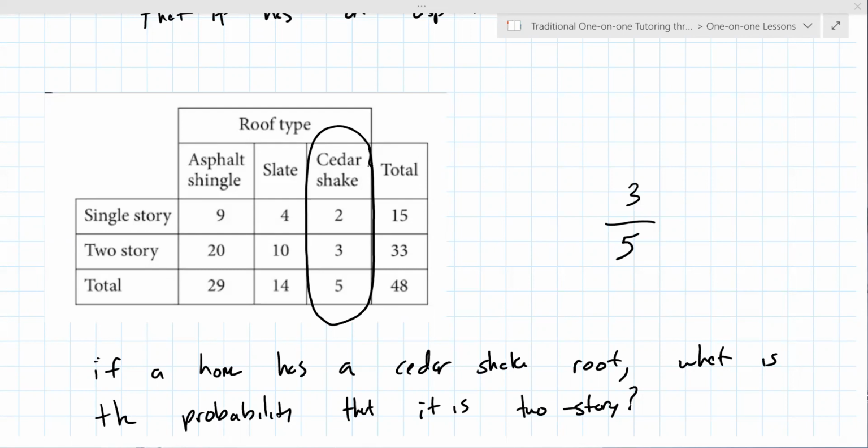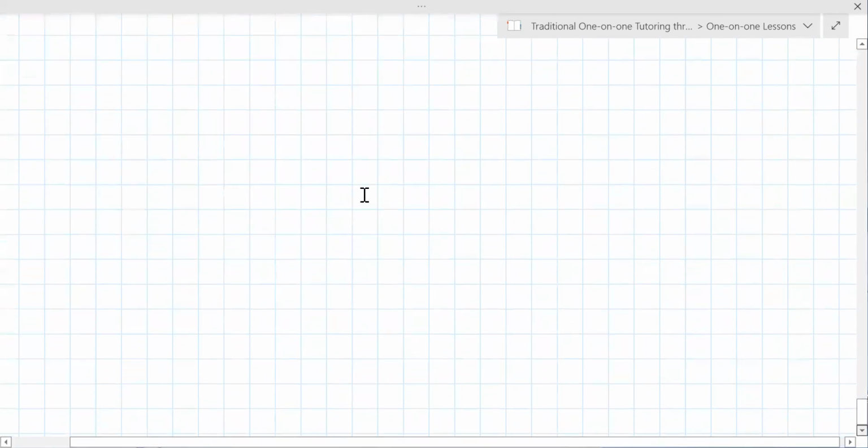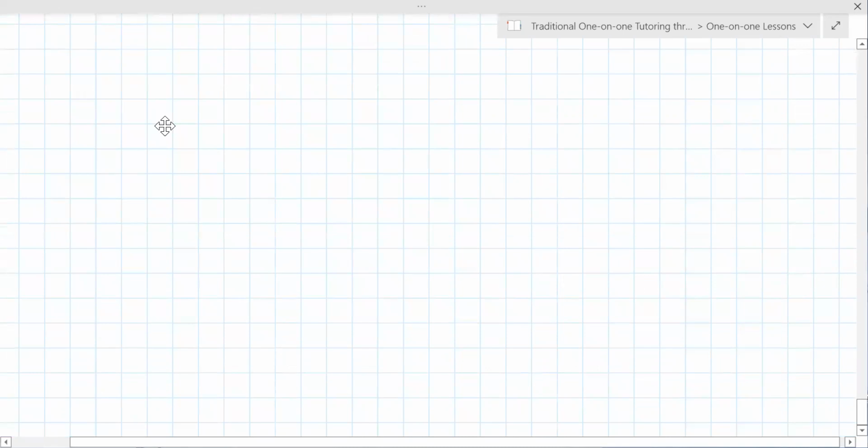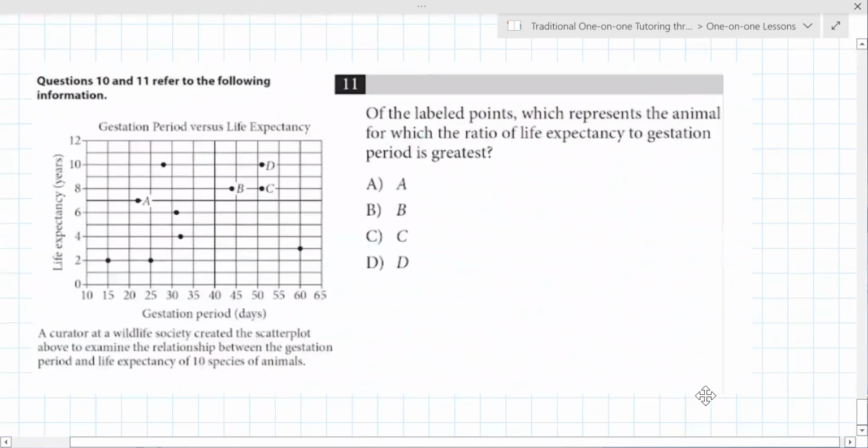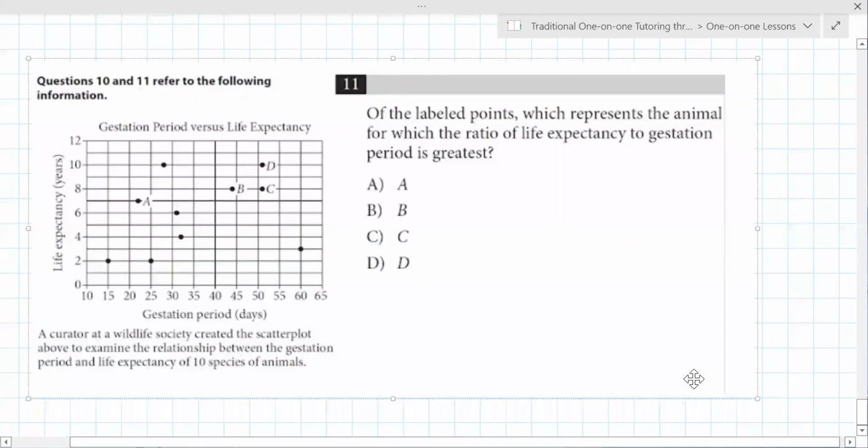Let's try this. Okay, on the right here, it says of the labeled points, which represents the animal for which the ratio of life expectancy to gestation period is greatest?